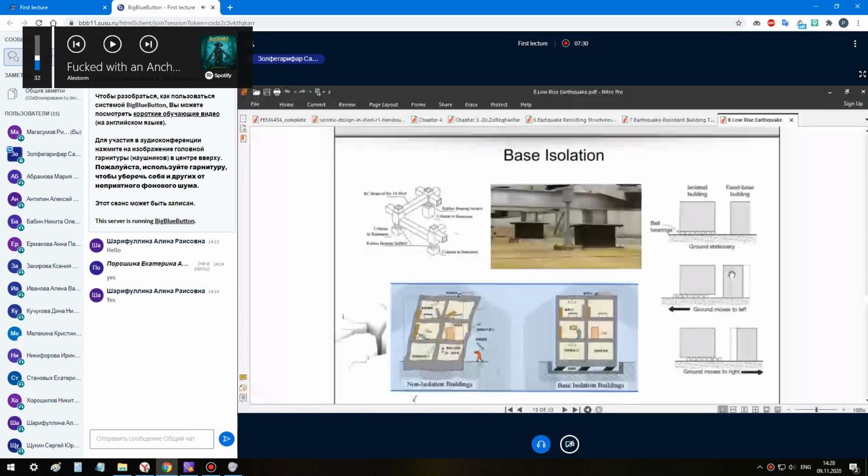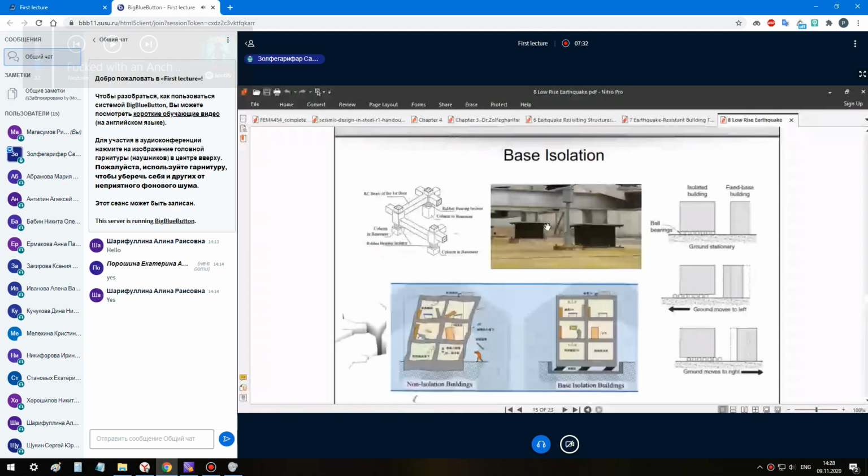Another solution uses base isolation between the structure and the ground to absorb energy and reduce the earthquake energy, and to protect structure strength.